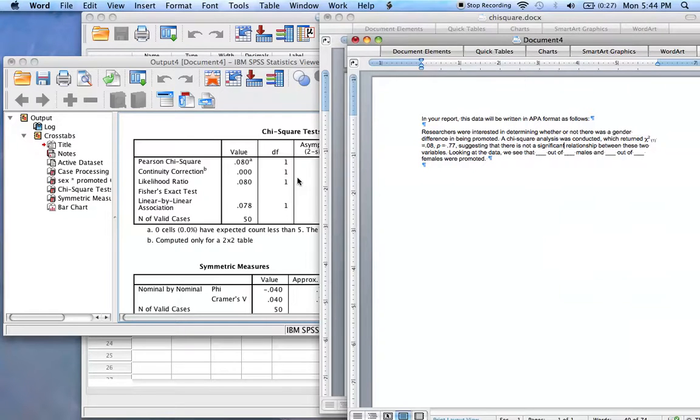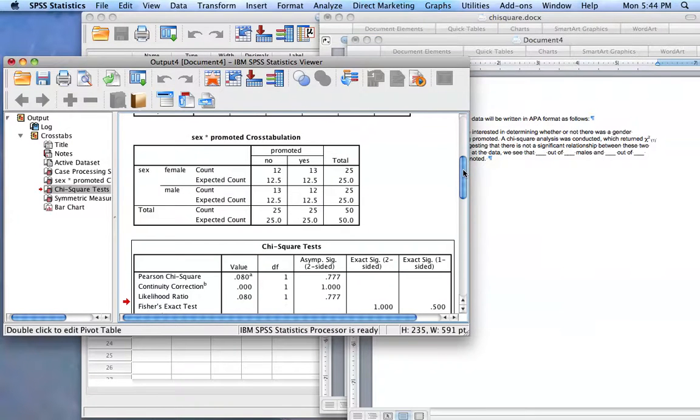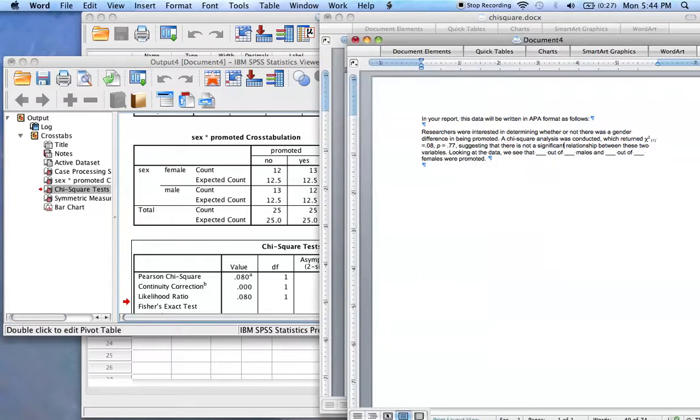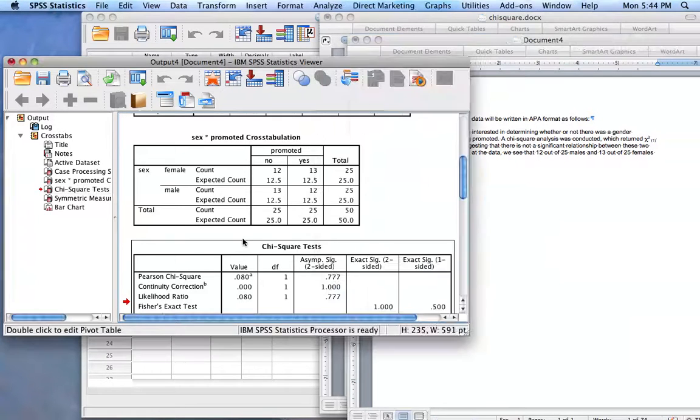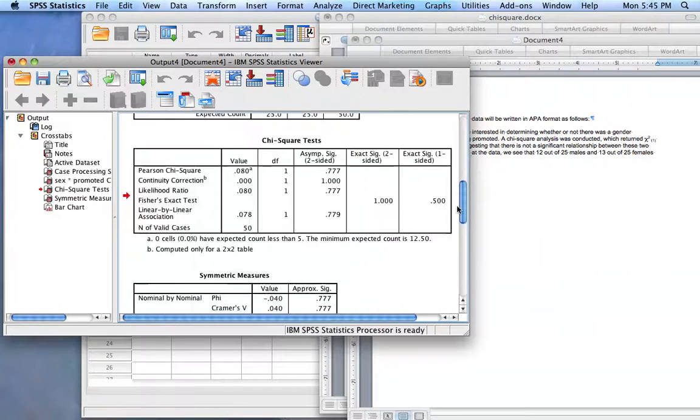In fact, looking at the data, we can see that 12 out of 25 males and 13 out of 25 females were promoted. So there really isn't a difference, and that's what our chi-square test is telling us.